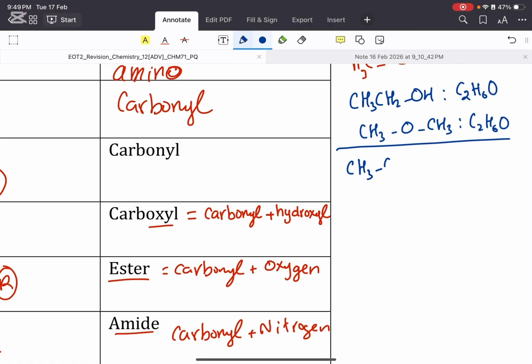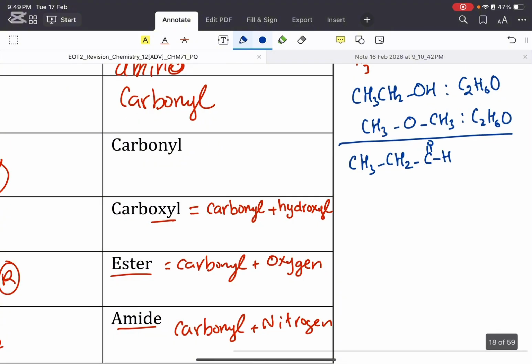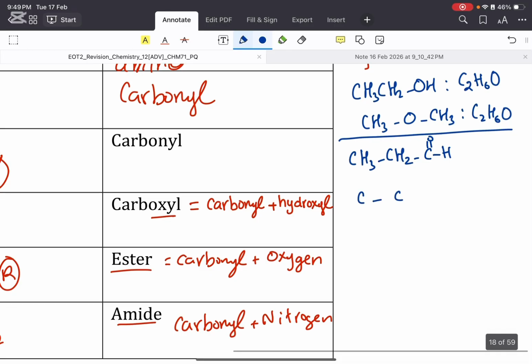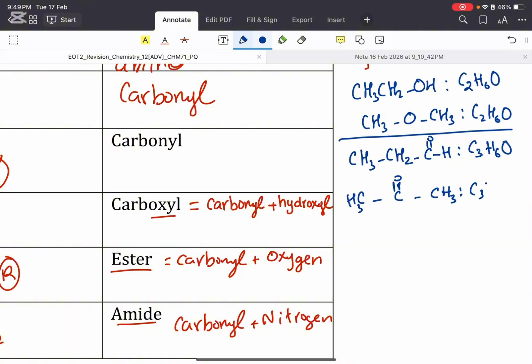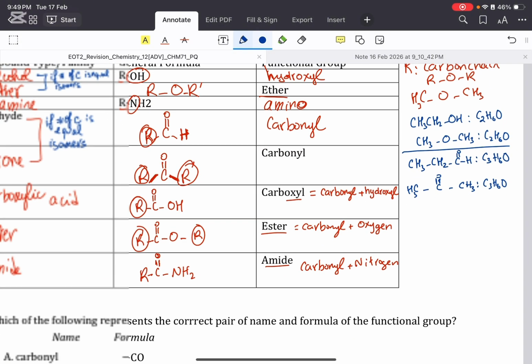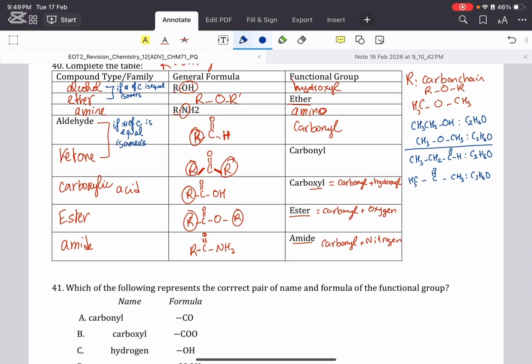So let's say I have 3 carbons propanal, that's an aldehyde, and I have 3 carbons propanone, that's a ketone. So the molecular formula in here is C3H6O, and also here C3H6O. So again, I can have isomers.